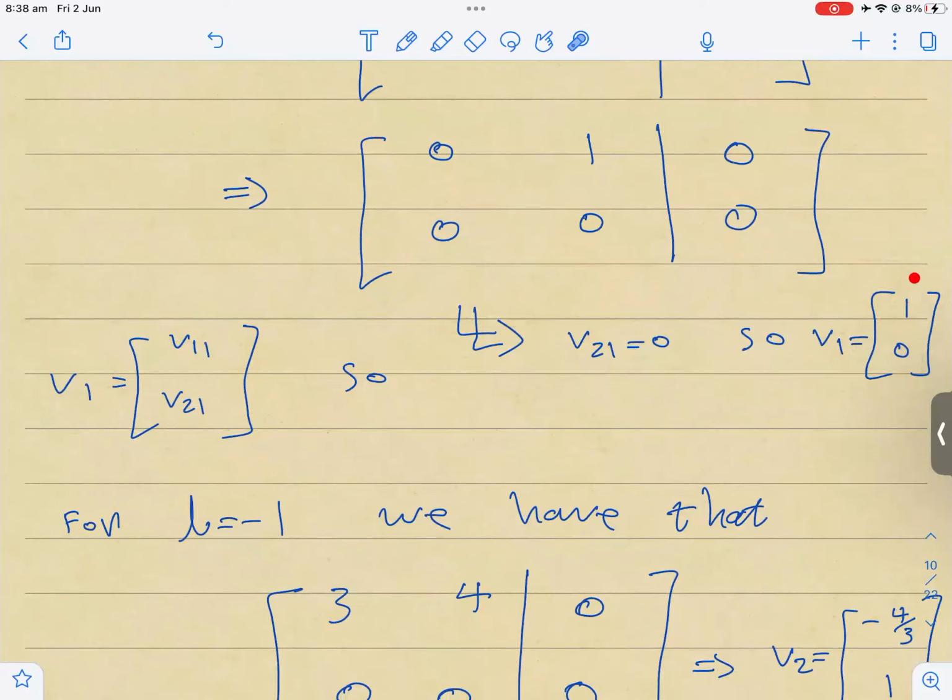So v1 is (1, 0). Do you have a question about this?